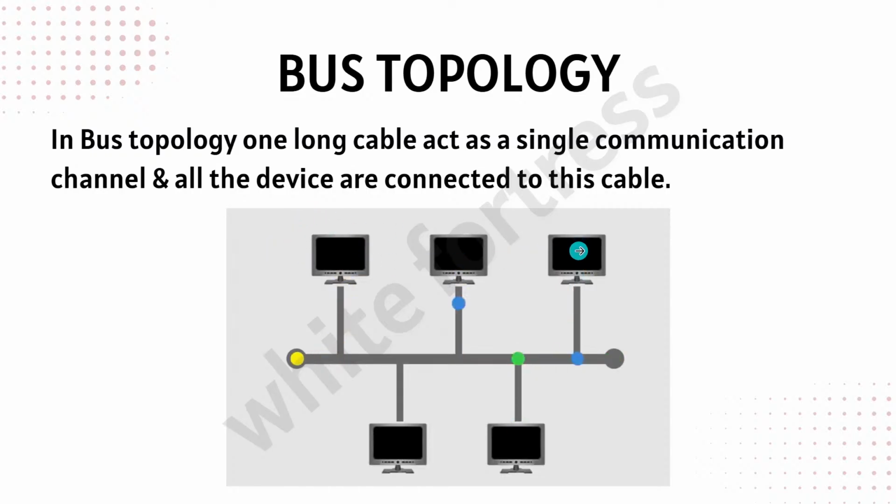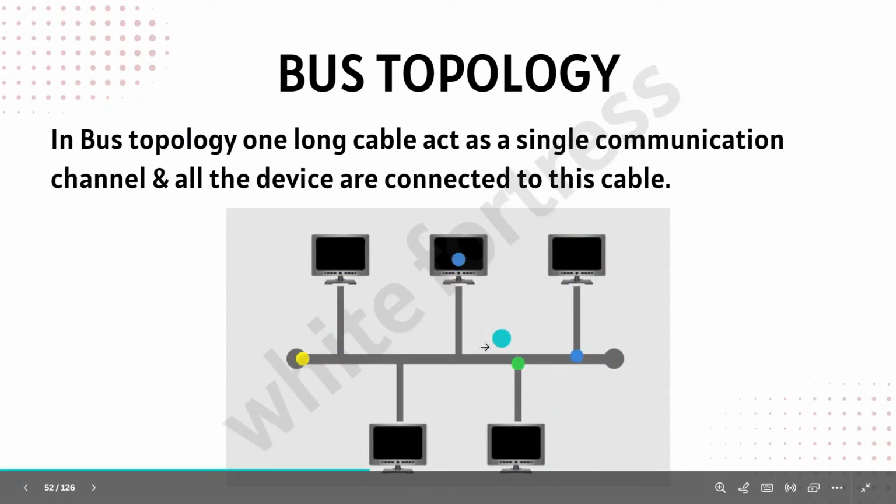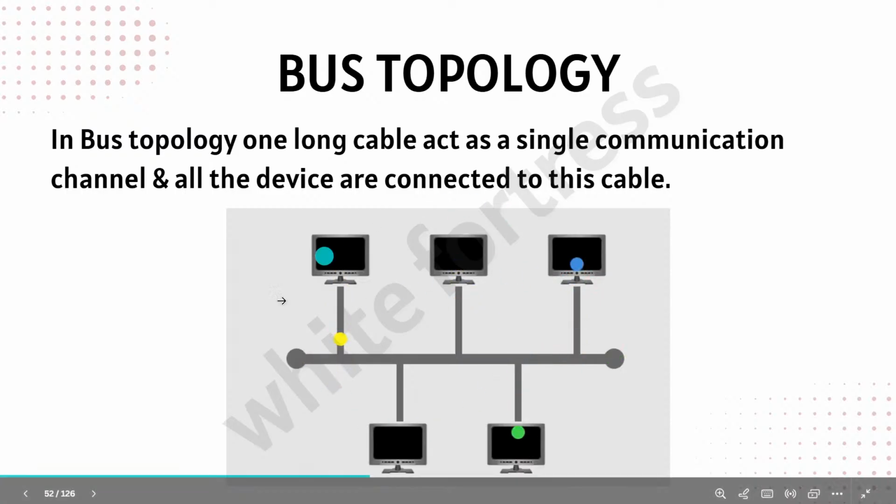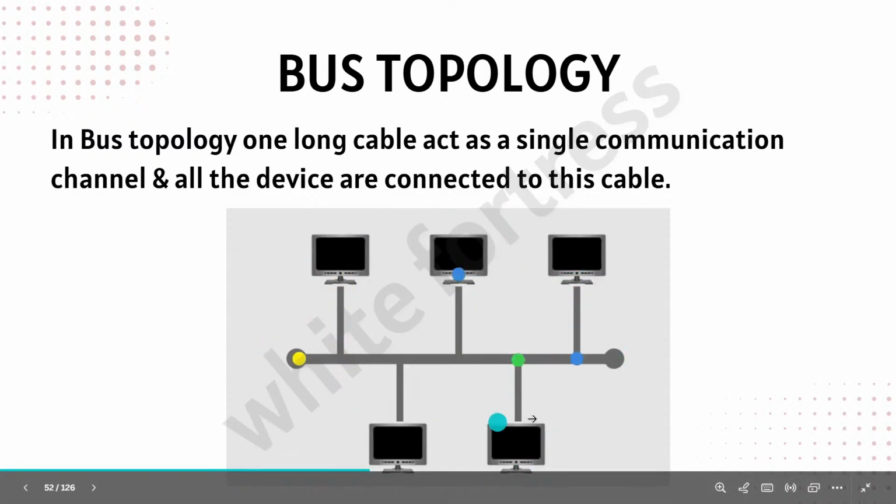The packet from this system will start moving to this system, then to the next, then the next, ultimately reaching here. So the packets are broadcasted. The packet from one system will go to all the other systems present in the same network. So this is a simple bus topology.